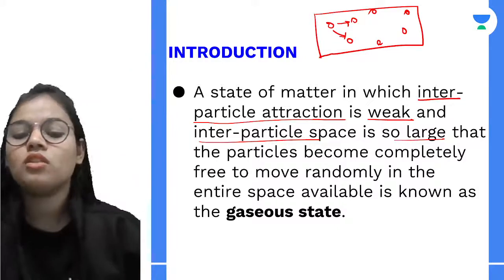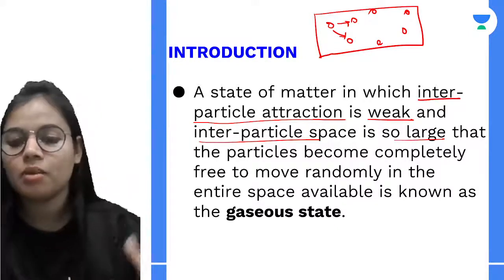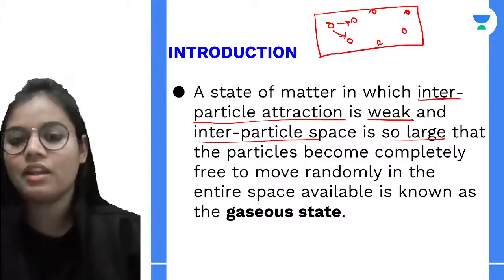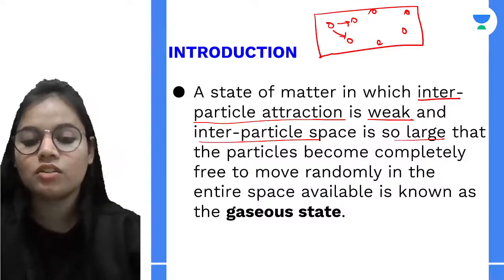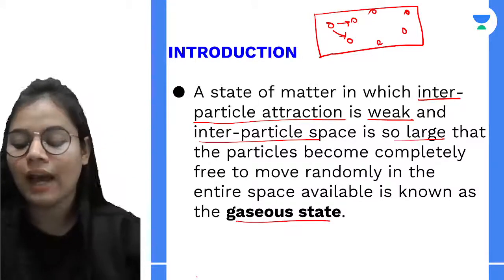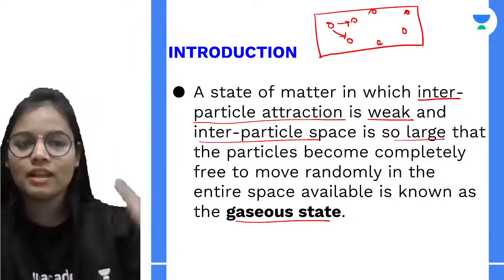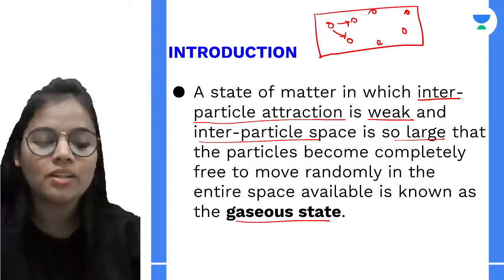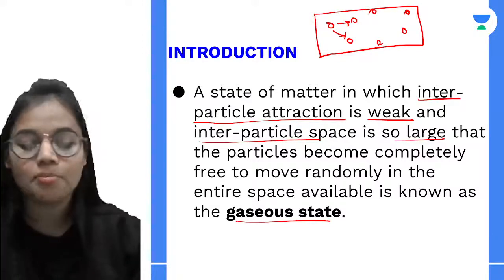Because of this low force, the particles can randomly move in any direction. They are just moving in the entire space which is available to them. That is the state which is known as the gaseous state. So the gaseous state occupies the whole space of whatever vessel or container we have kept it in.